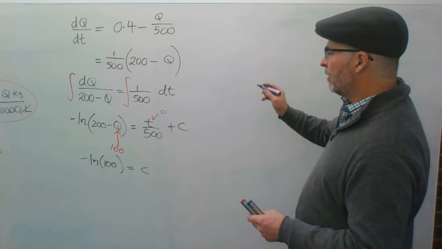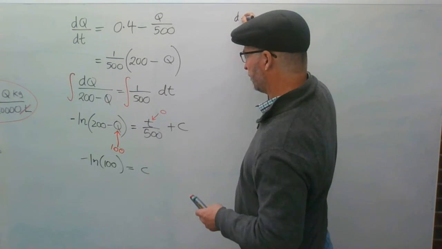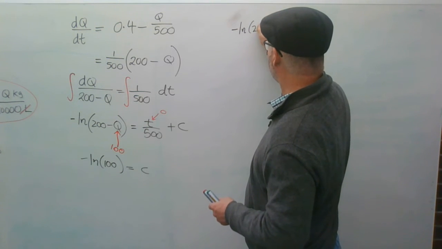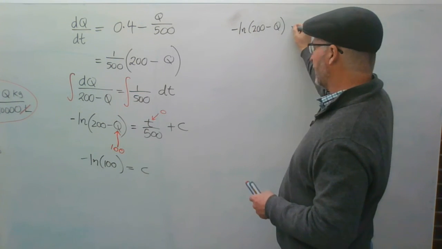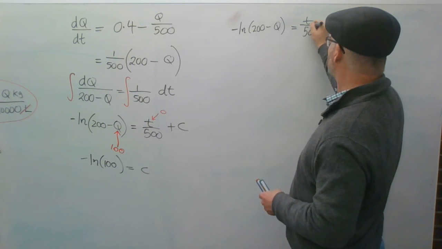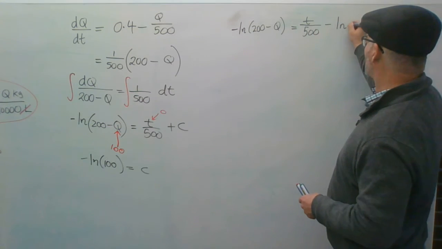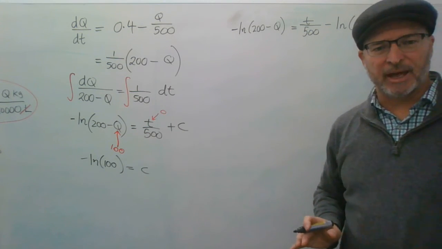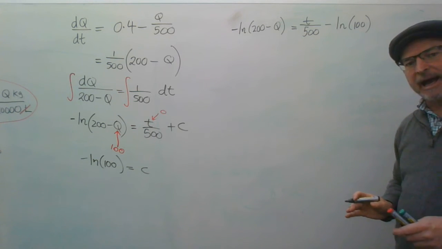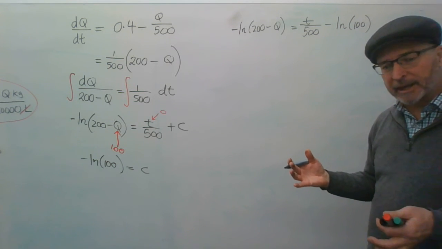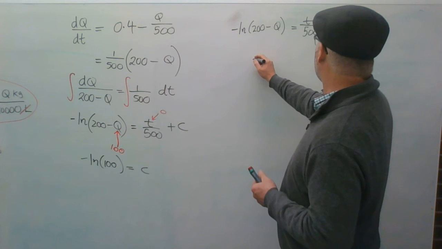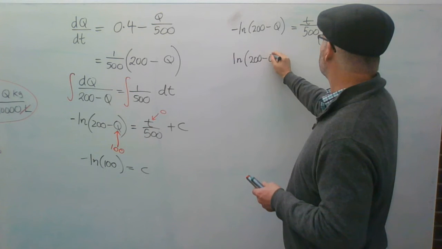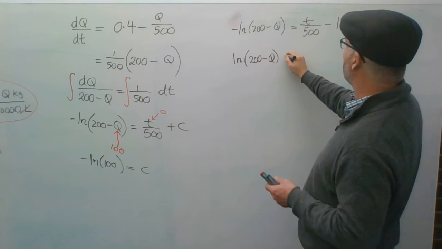So that means now I have that minus the natural log of 200 minus Q equals t on 500 and minus the natural log of 100, because that's my plus C. And I just now need to do that act of getting Q as the subject.